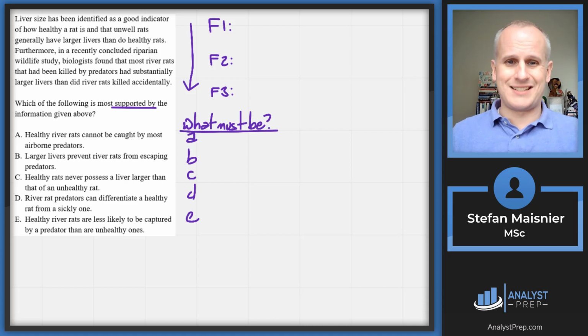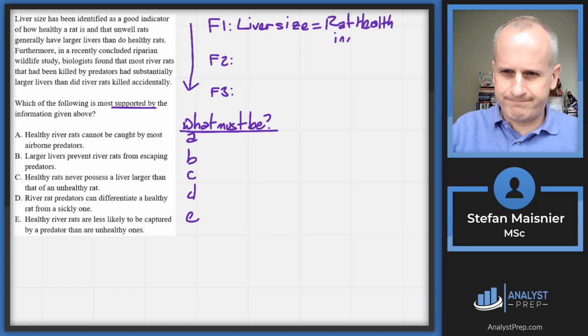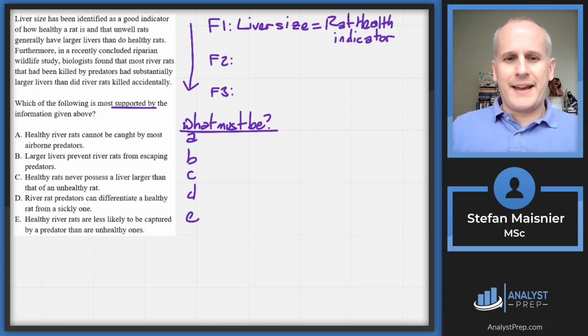So liver size has been identified as a good indicator of how healthy a rat is. So we know liver size equals rat health indicator. And that unwell rats generally have larger livers than do healthy rats.